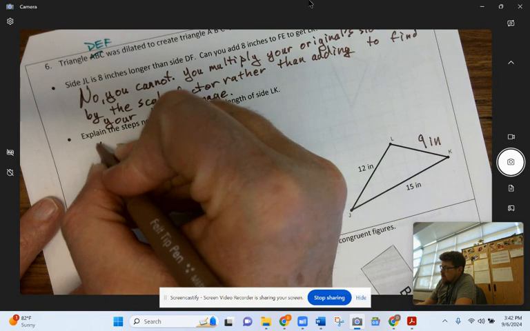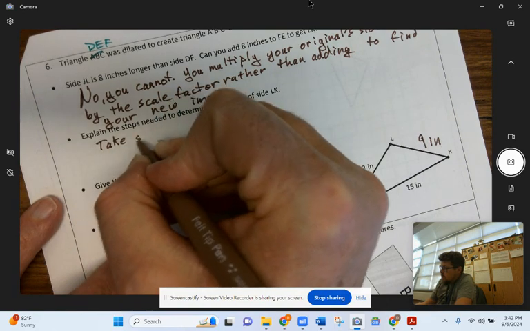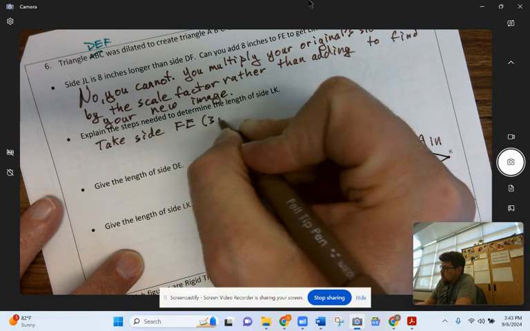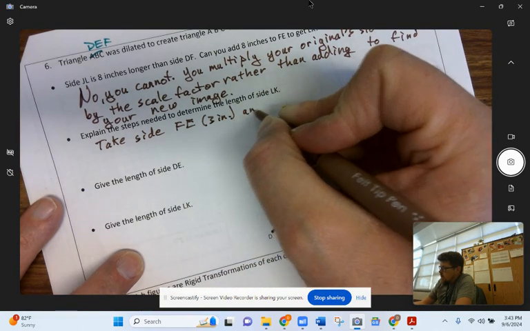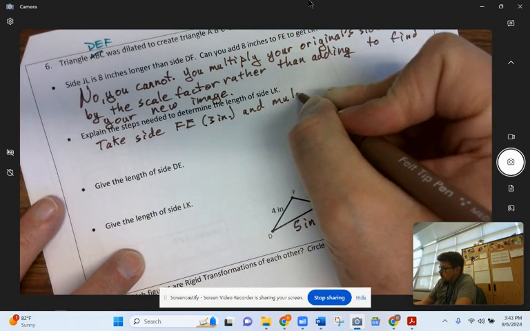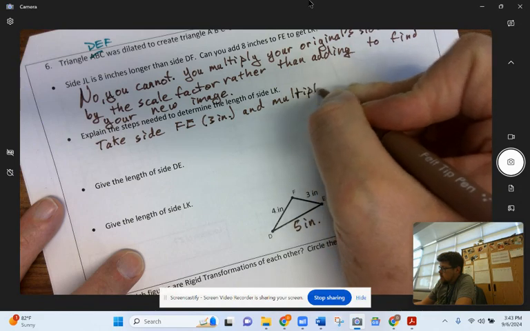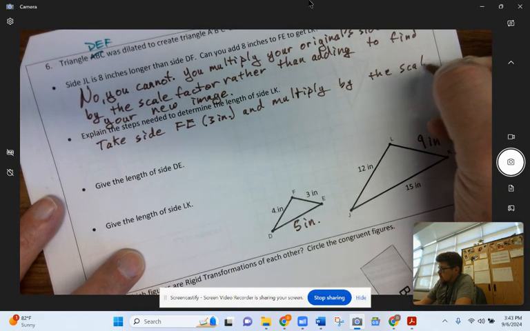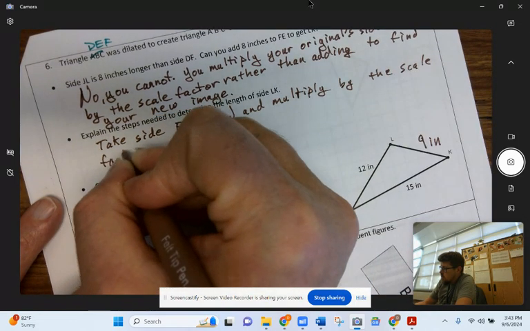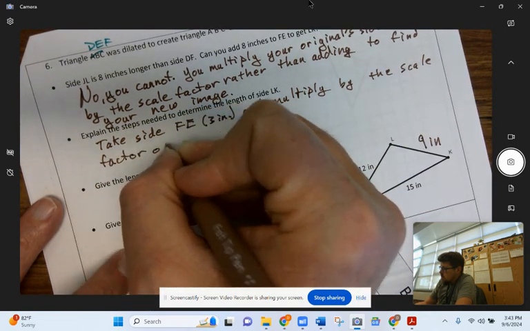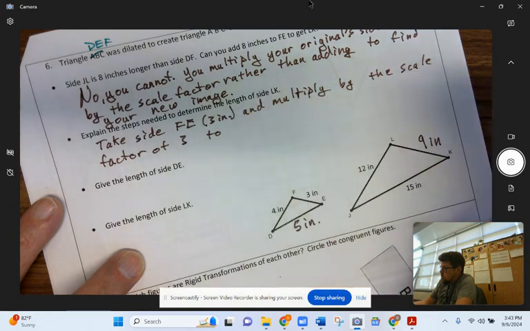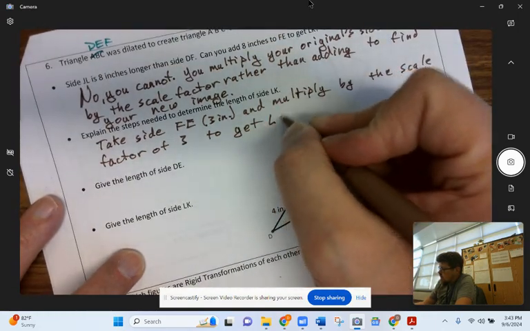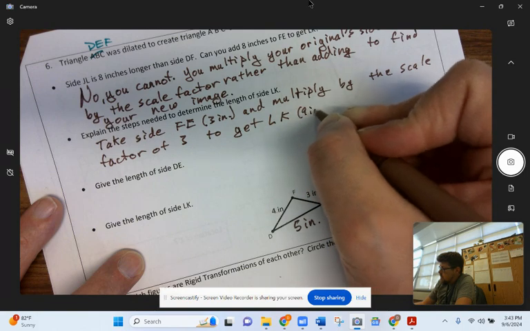You would take side FE, which is 3 inches, and multiply by the scale factor of 3 to get LK, which is 9 inches.